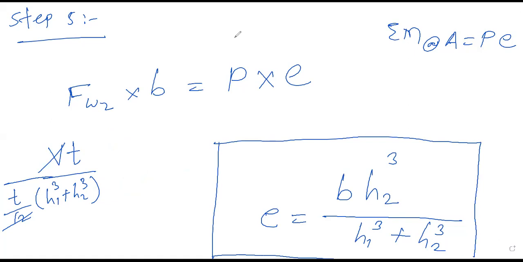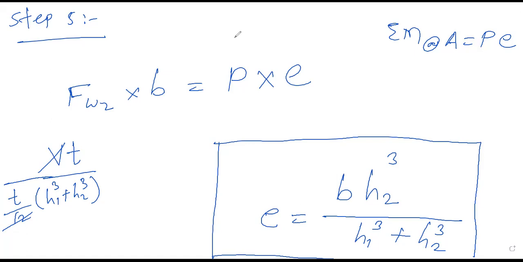Understood? Yes, sir. So it is simple. Whatever the section is given, for that we will consider each part separately, right of the force applied P and left of P. Then consider the force in each part.